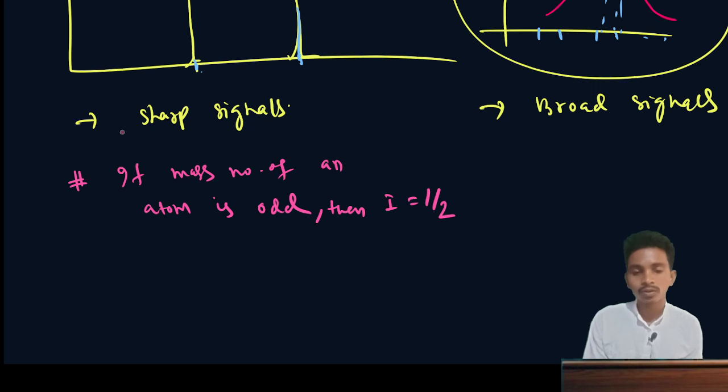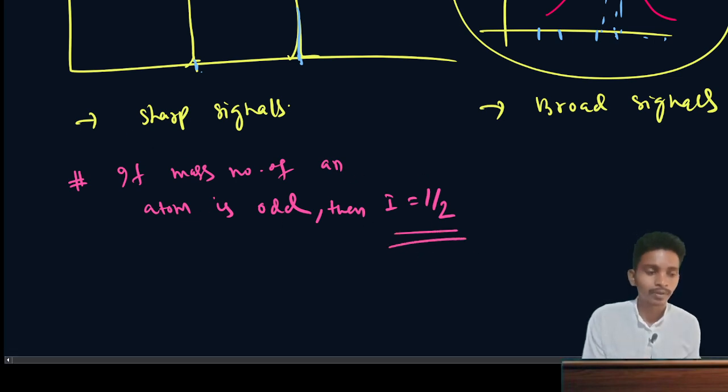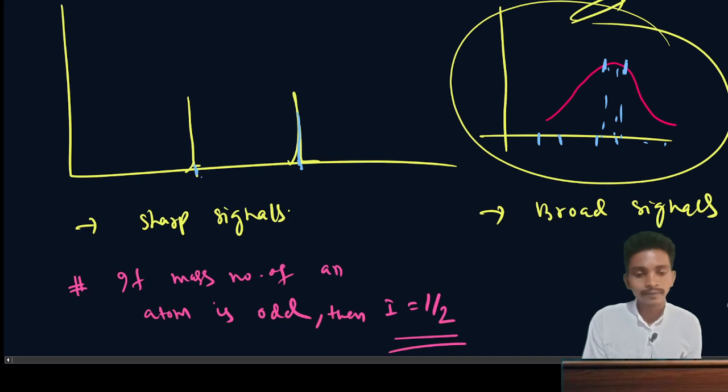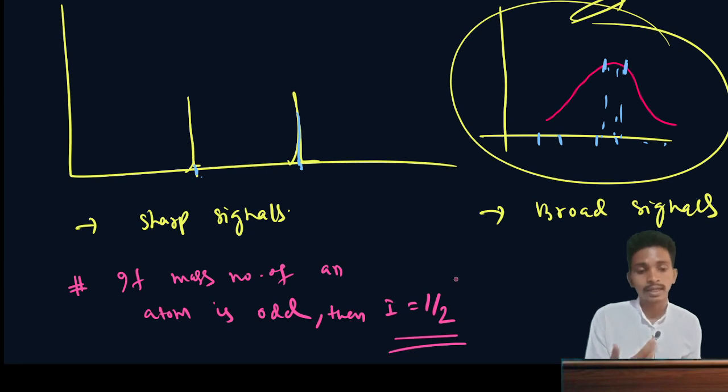Everything we are studying is on the basis of mass. If the mass number of an atom is odd, in that case I is equal to half. So if we have an odd number, then I is equal to half.